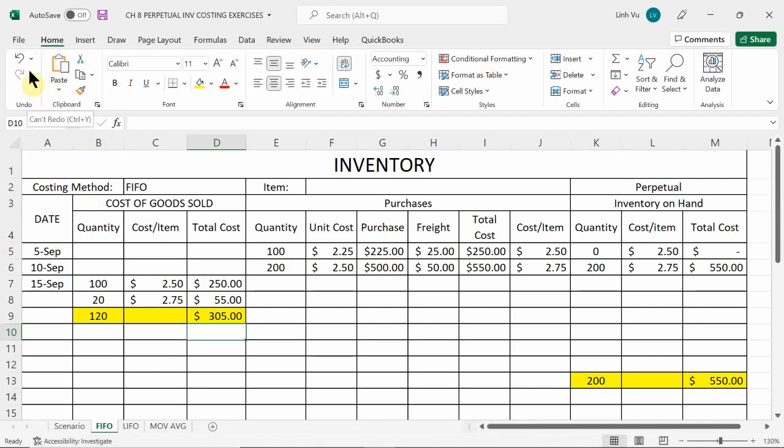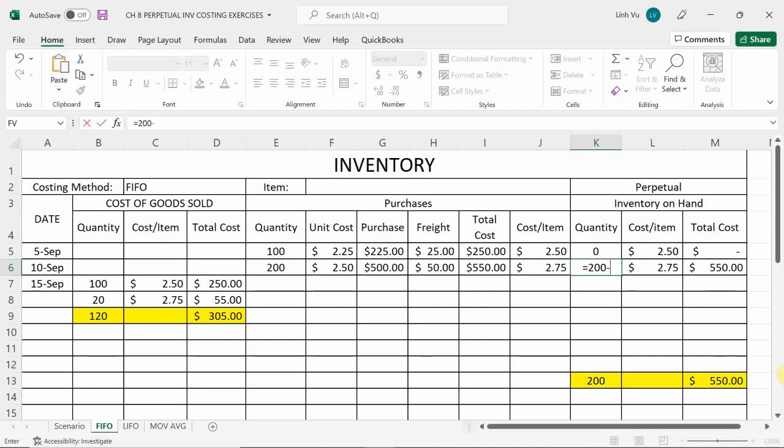Now I need to update my inventory because I just sold 20 units. That subtracts $55 out of my $550, so 200 minus 20 leaves me with 180, and 180 at $2.75 gives you $495. Now the only inventory left available to sell is 180.